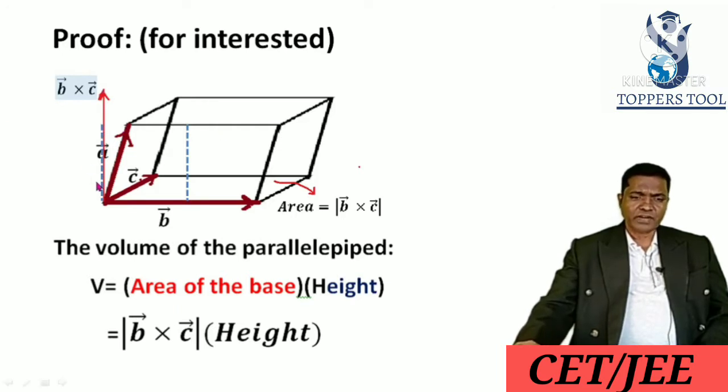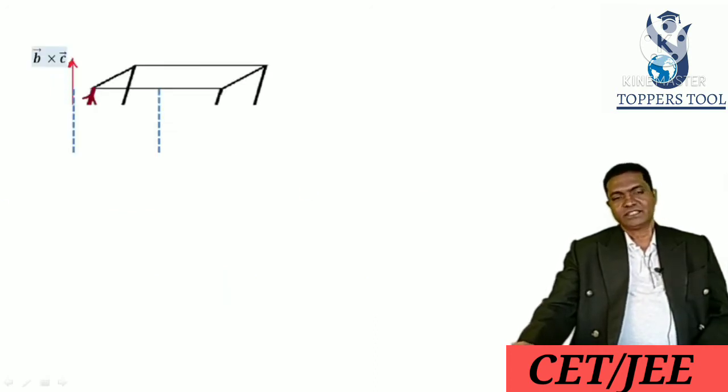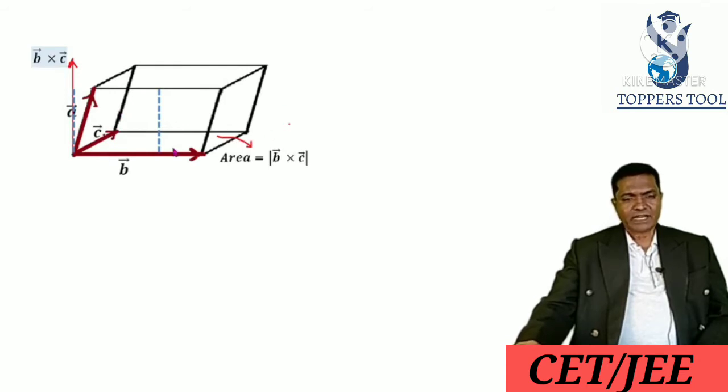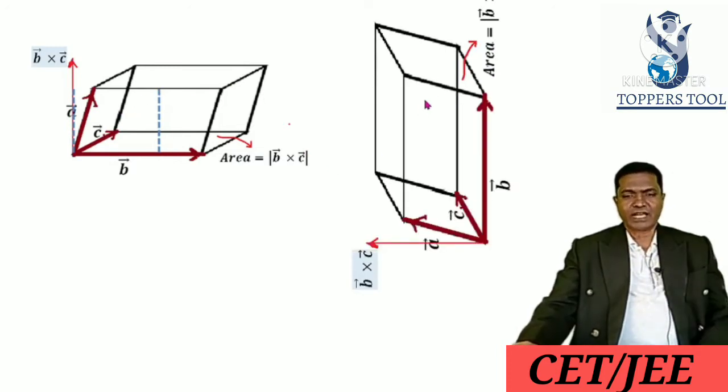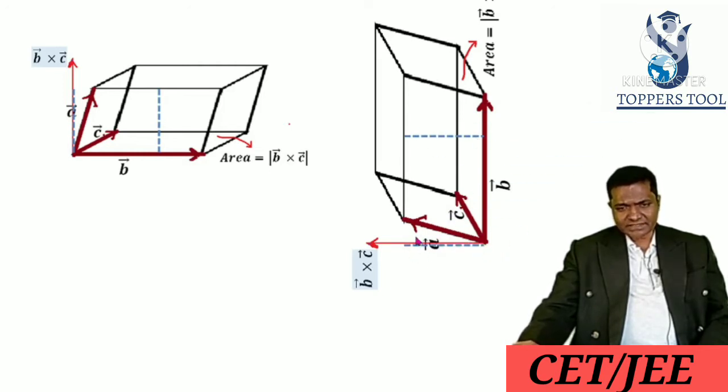So here is a parallelepiped, the base area is the magnitude of B cross C, and we want the height. Let's reverse it: I rotated it in this fashion, and we want this distance. This is the height, which is nothing but the projection of vector A on the vector B cross C. This is your vector B cross C, and this is your vector A.